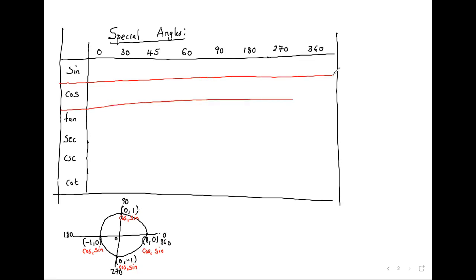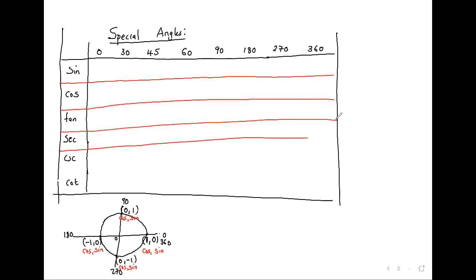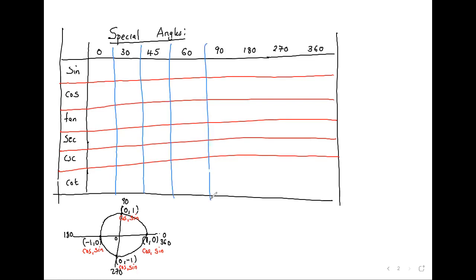So we have for 0, cos 0 is equal to 1. That's what the (1, 0) means.